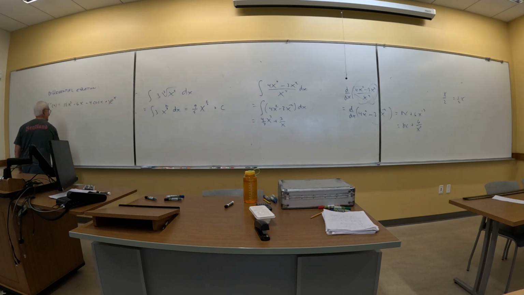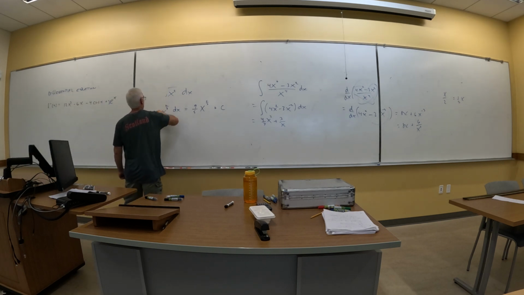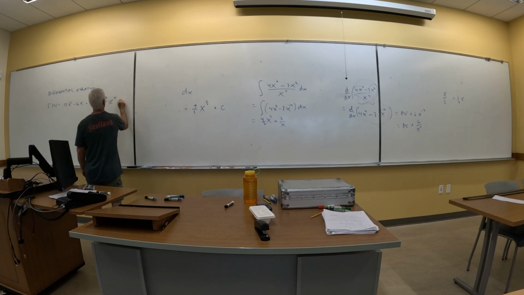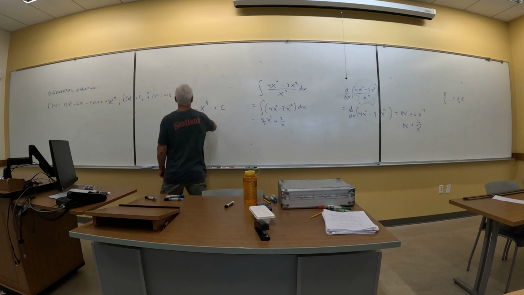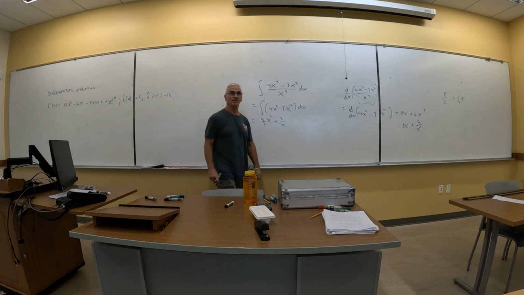We'll make this really, really hairy. I'm also going to tell you that f of 0 equals 5, f prime of 0 is negative 12. These are called initial conditions.